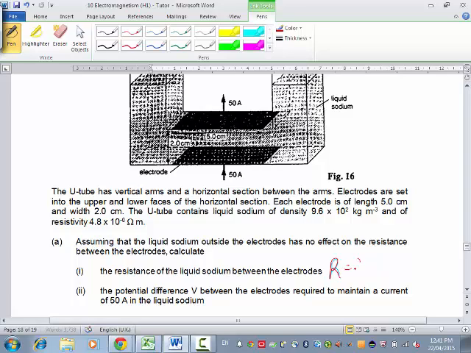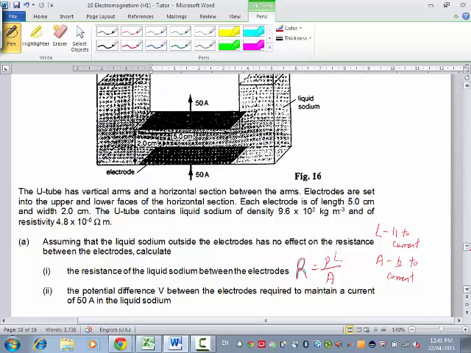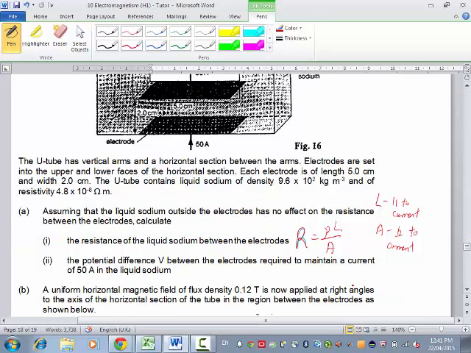Resistance is rho L over A. But remember, the L is always parallel to the current. The A is always perpendicular to the current. Hope you remember this when we do the chapter. So the rho, based on the question, is the resistivity.